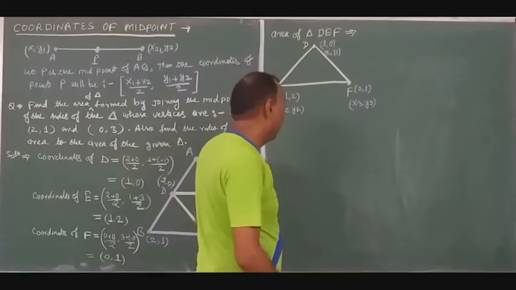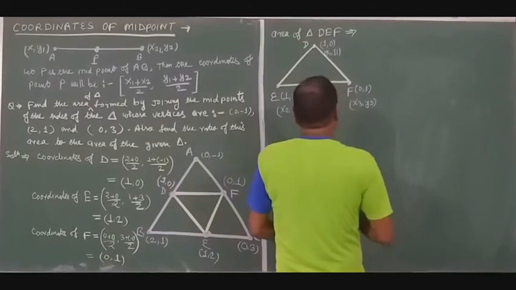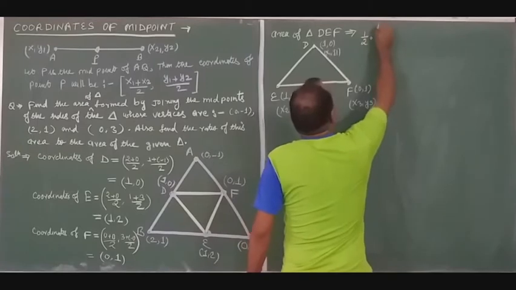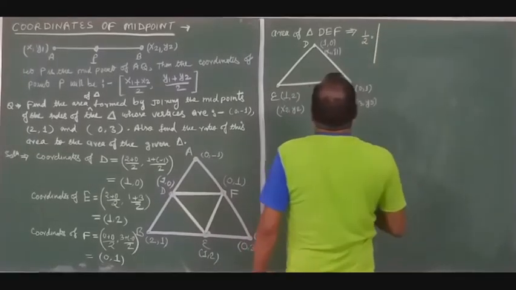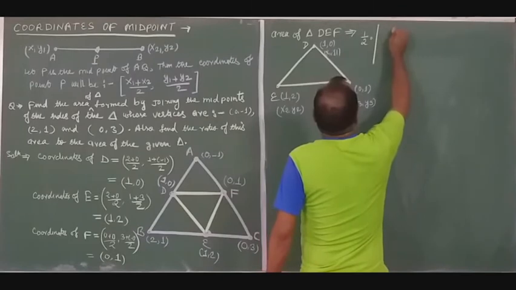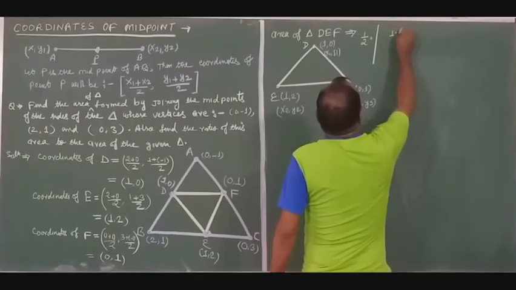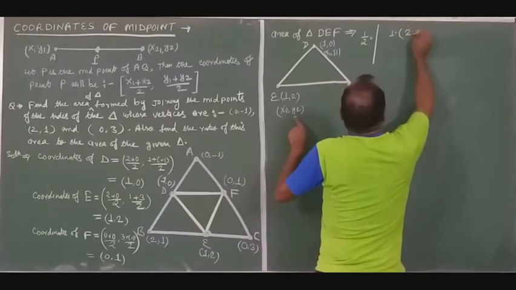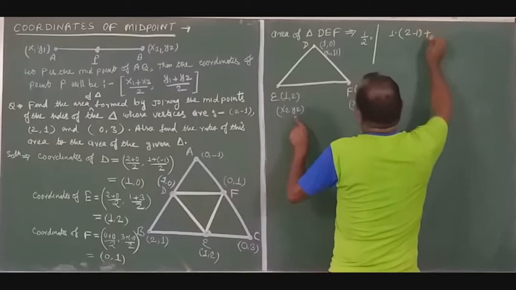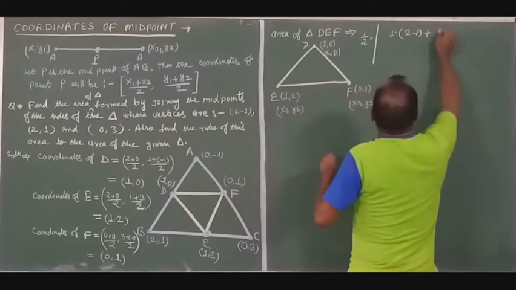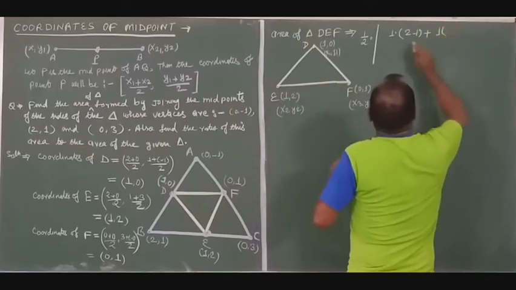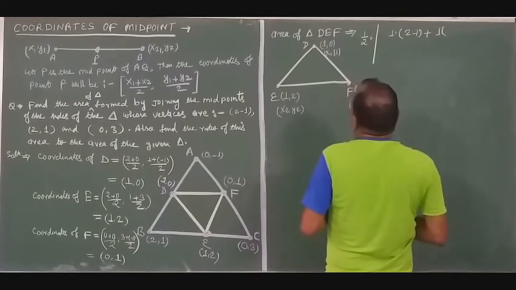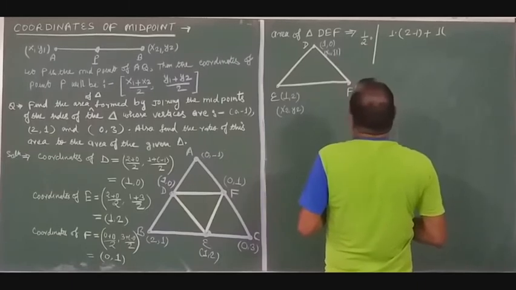Now put the formula. The area of the triangle will be 1/2 into mod of x1, which is 1, multiplied with y2 minus y3, 2 minus 1, plus x2, again 1, into y3 minus y1.